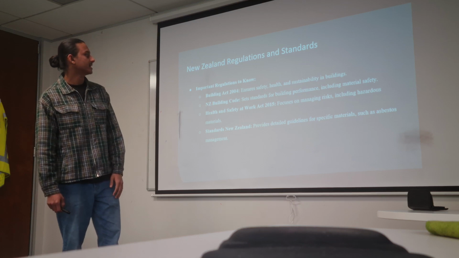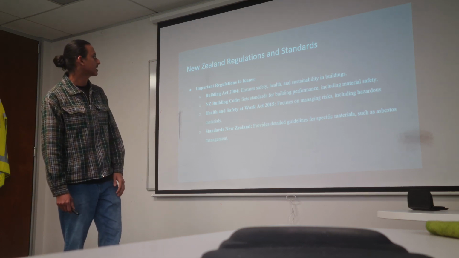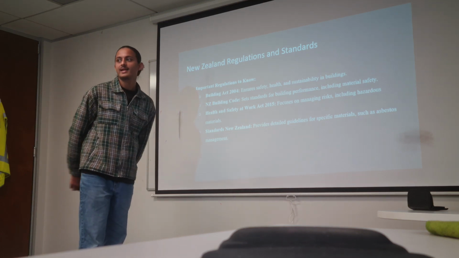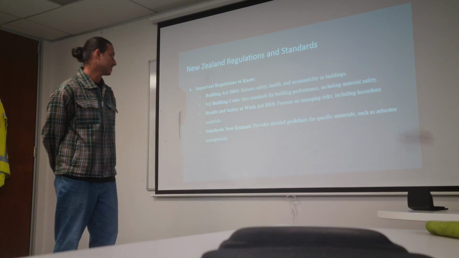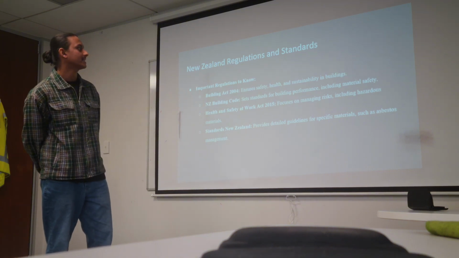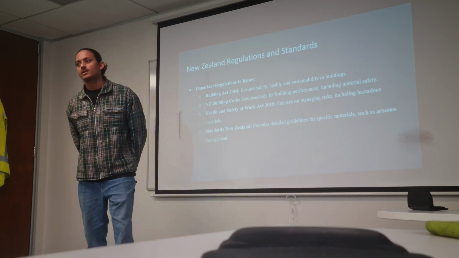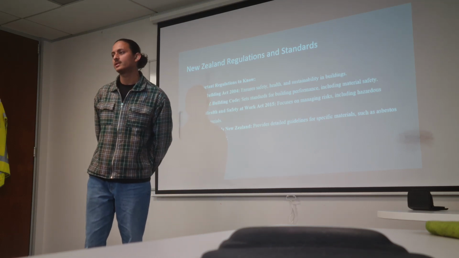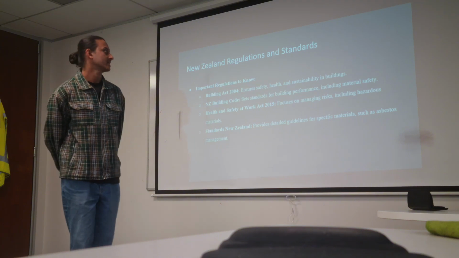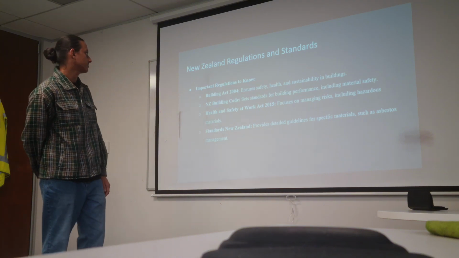New Zealand regulation and standards. Important regulations to know: Building Act 2004, as we have studied, ensures safety, health, and sustainability in building. New Zealand Building Code, to follow the minimum standards set by the New Zealand government. There are different things involved in it.